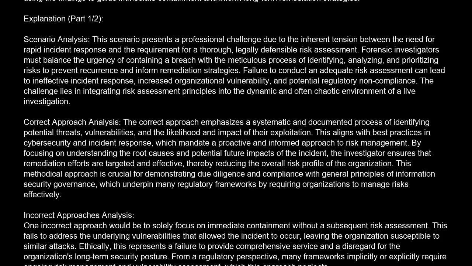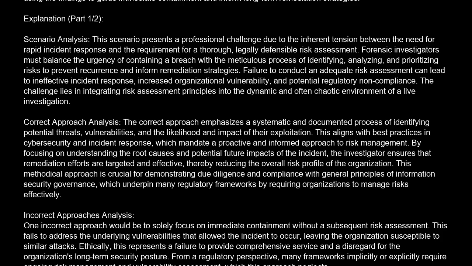By focusing on understanding the root causes and potential future impacts of the incident, the investigator ensures that remediation efforts are targeted and effective, thereby reducing the overall risk profile of the organization. This methodical approach is crucial for demonstrating due diligence and compliance with general principles of information security governance, which underpin many regulatory frameworks by requiring organizations to manage risks effectively.